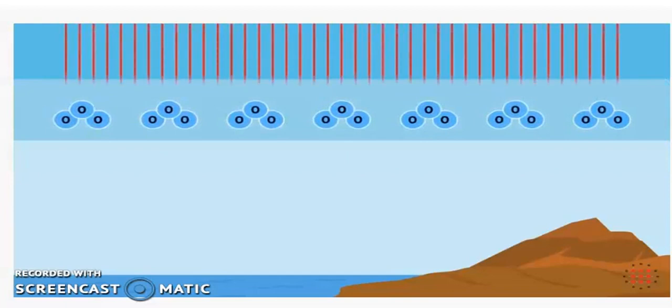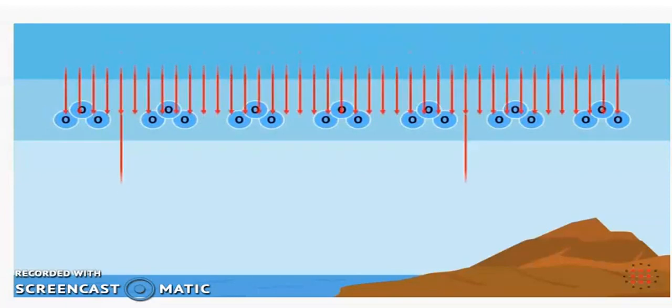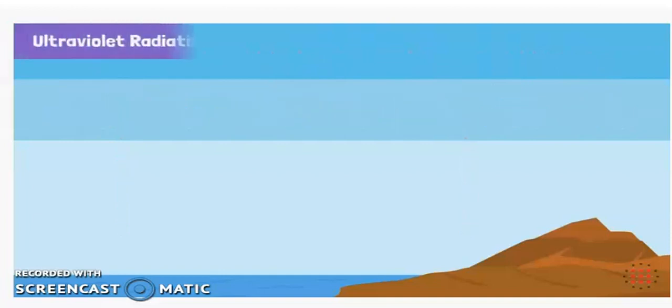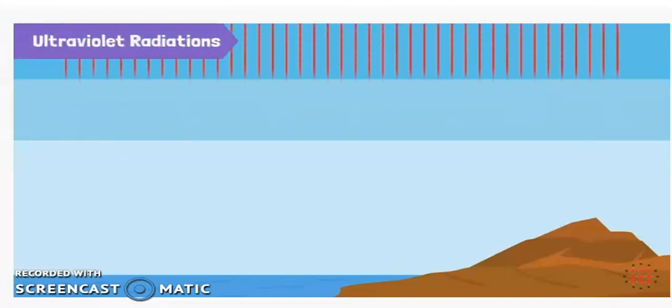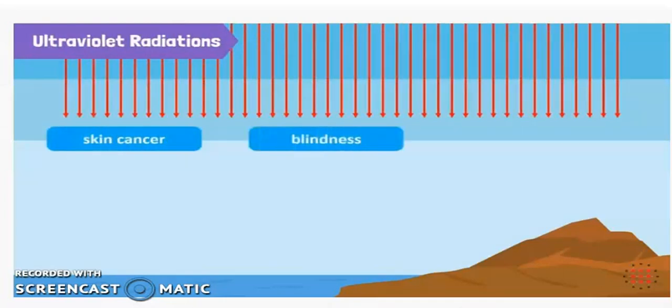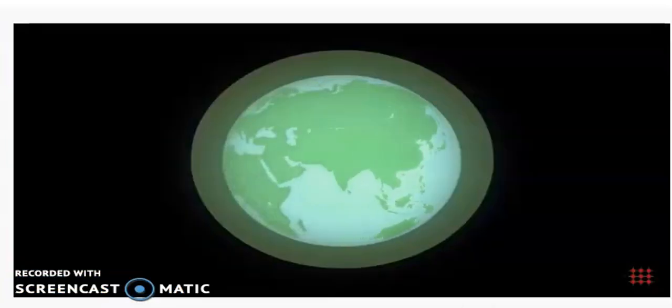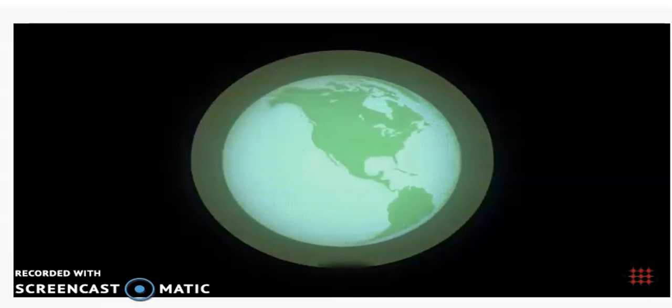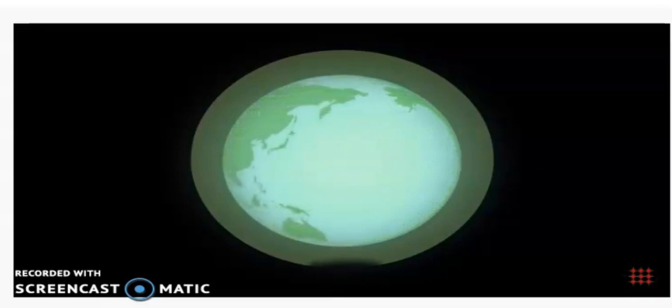It blocks the harmful ultraviolet radiations of the sun from reaching the Earth's surface. The ultraviolet radiations of the sun can be very harmful for us. They can cause skin cancer, blindness, a weak immune system, and many other diseases. The ozone layer protects us from these harmful ultraviolet rays by absorbing about 98% of them.